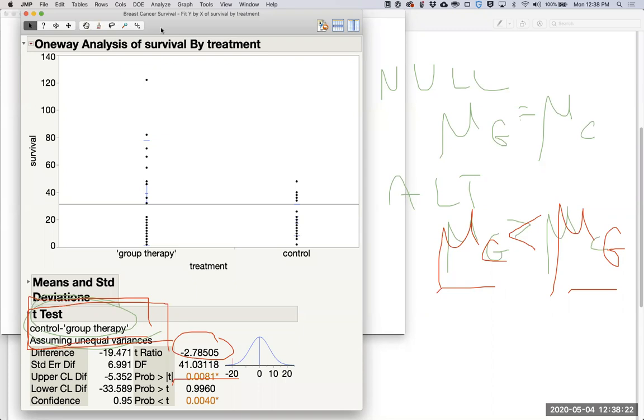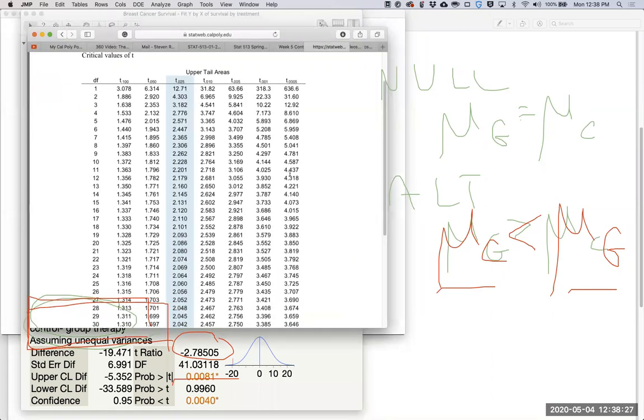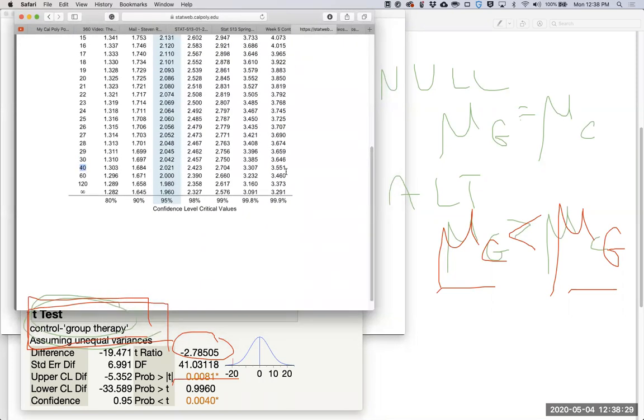Okay, so I'm going to do a drag and drop. 40 degrees of freedom is down here towards the bottom, and I'm going to try and circle the 40 degrees of freedom row. So 40 degrees of freedom, there we go. And my t value of 2.785 would appear here.